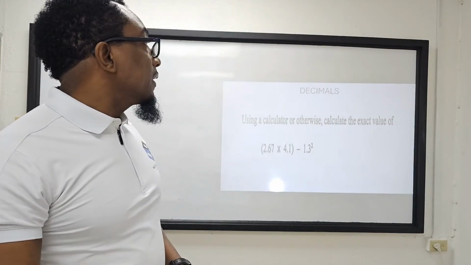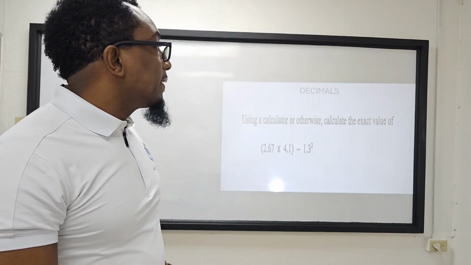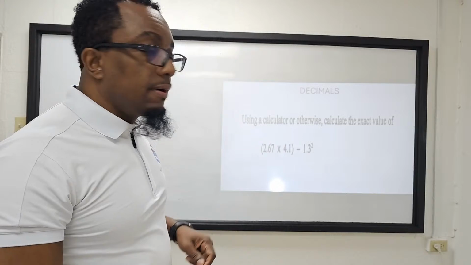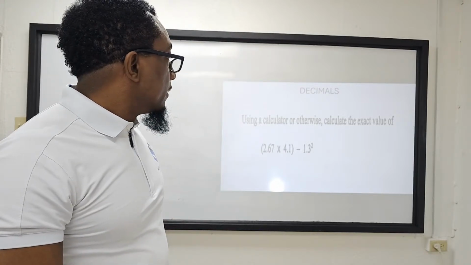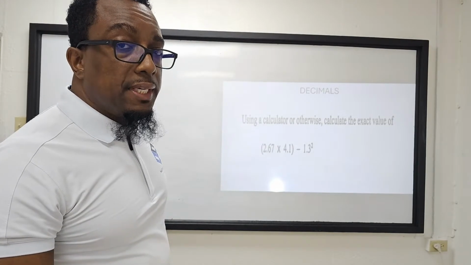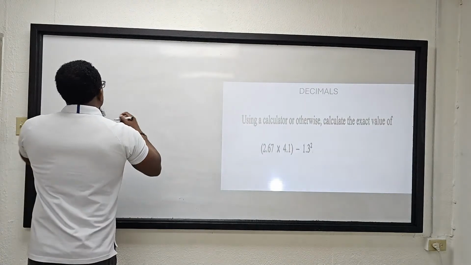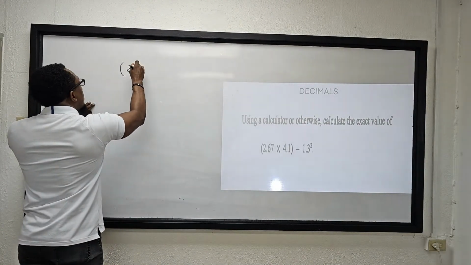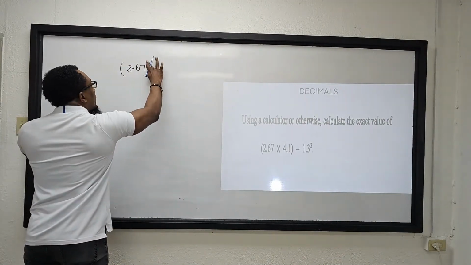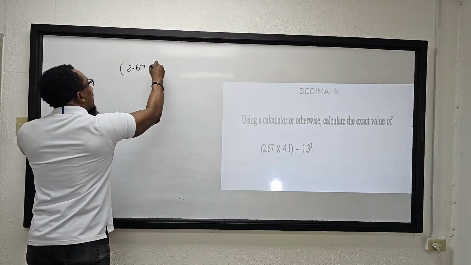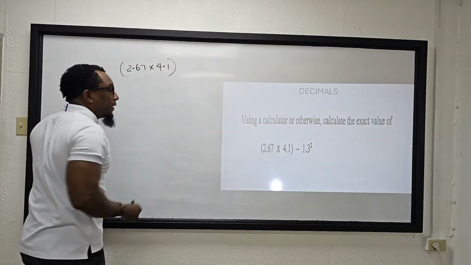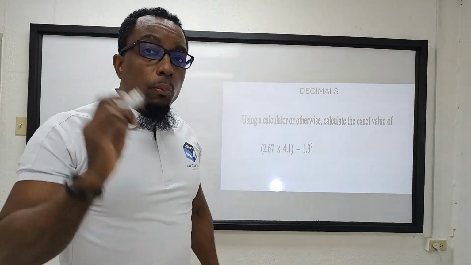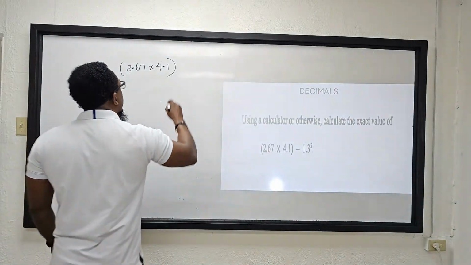So using a calculator or otherwise, calculate the exact value of what we have in that question there. This is, in brackets, 2.67 multiplied by 4.1 subtract 1.3 squared.